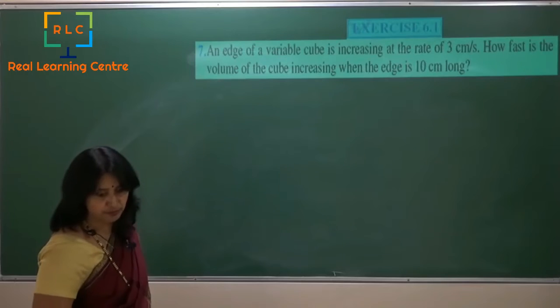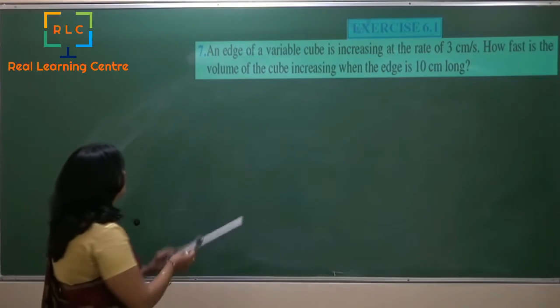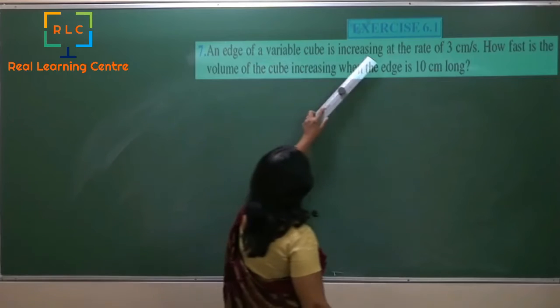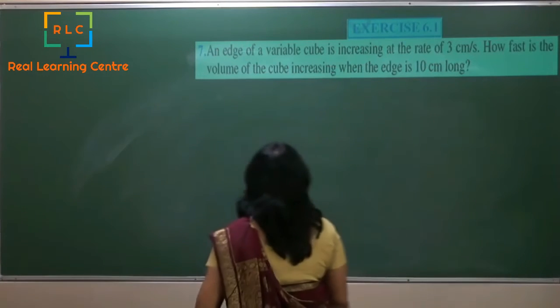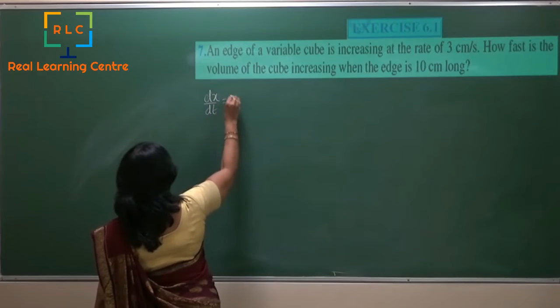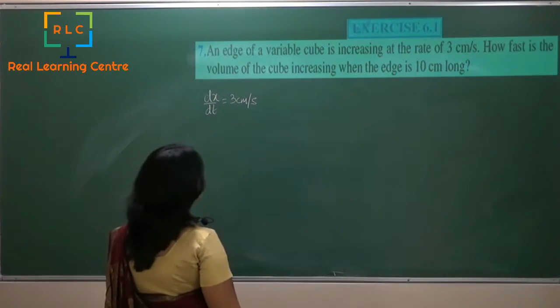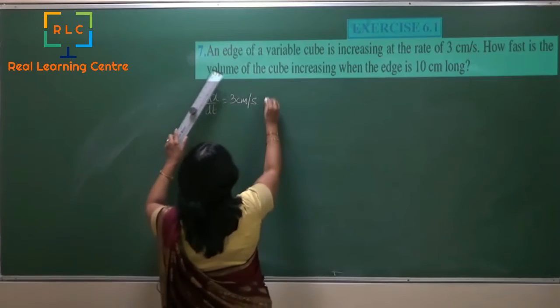There is another problem about a cube, and here you see the edge of a variable cube, that is x, is increasing at the rate of 3 centimeter per second. Here they have directly given dx by dt, which is 3 centimeter per second, and then they ask how fast is the volume increasing.